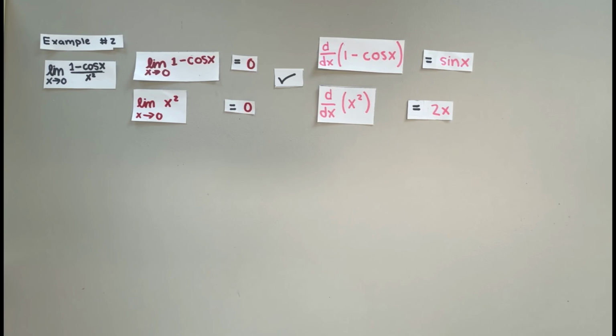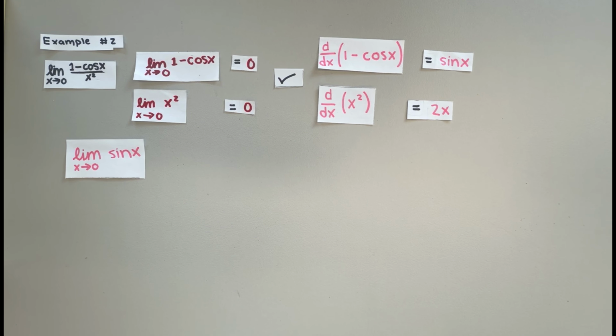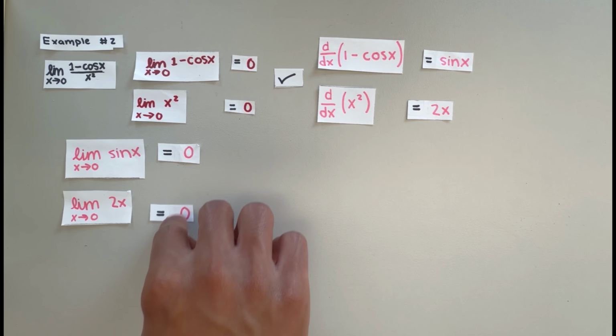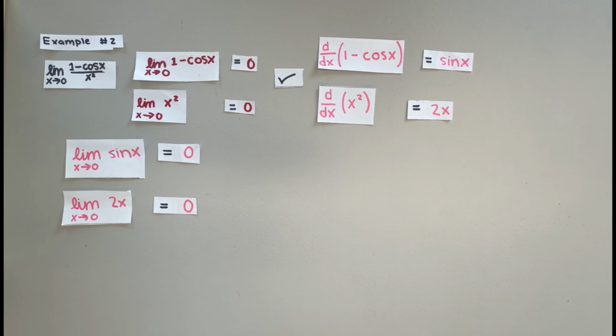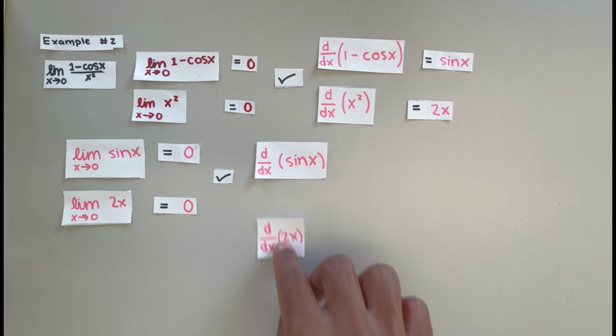Now we evaluate our new limit, the limit as x goes to 0 of sine x over 2x. Plugging in 0 gives us sine 0 on top, which is 0, and 2 times 0 on the bottom, which is also 0. We are back at 0 over 0. Because the limit is still indeterminate, we must apply L'Hopital's rule again.